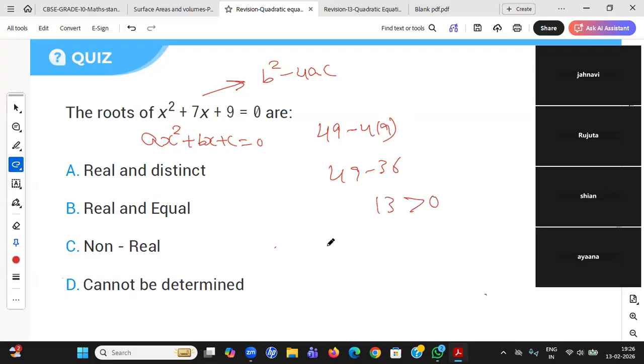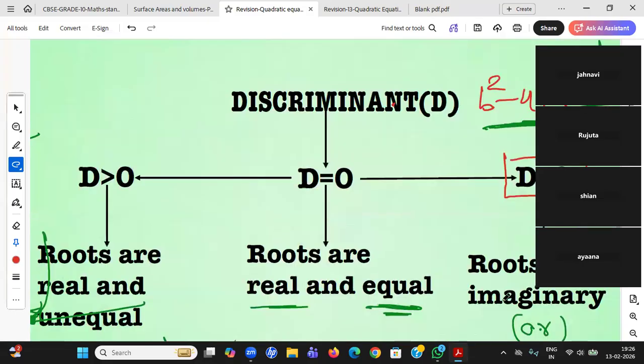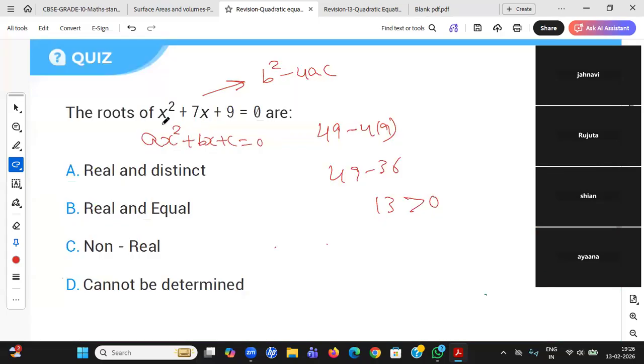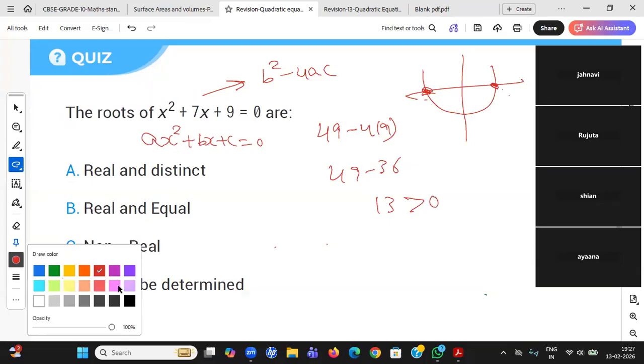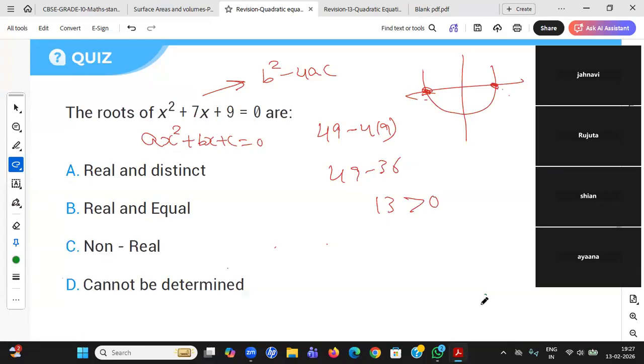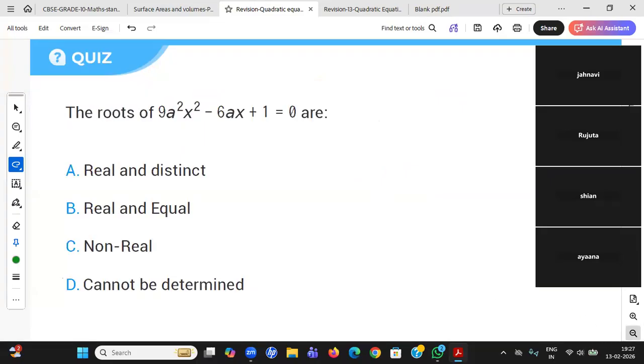Whenever discriminant is greater than 0, what did we know, student? Real and unequal. So if you're drawing this quadratic equation, it is something like this. Real and unequal. Okay, Tanushri, are you following, student? Yes, sir. Okay. Next question.